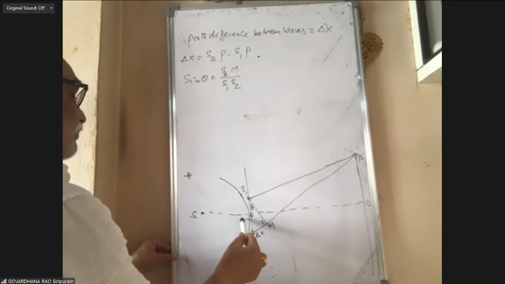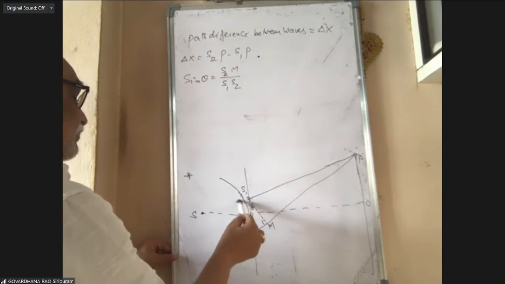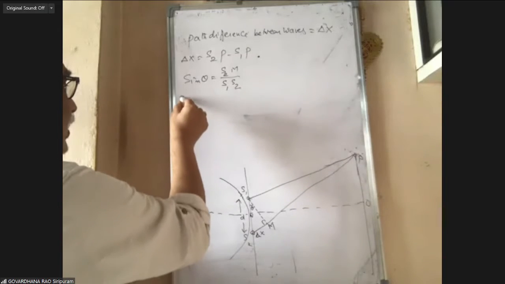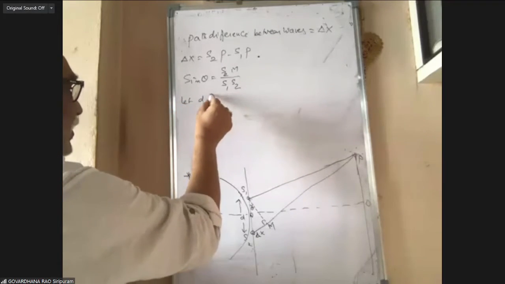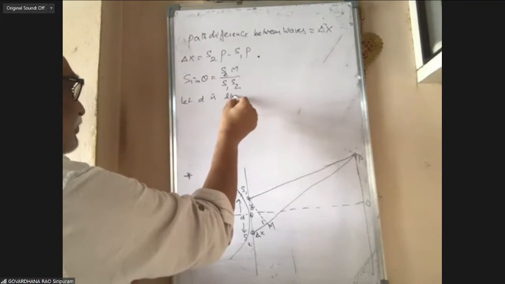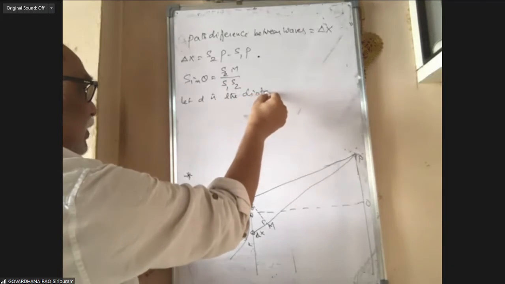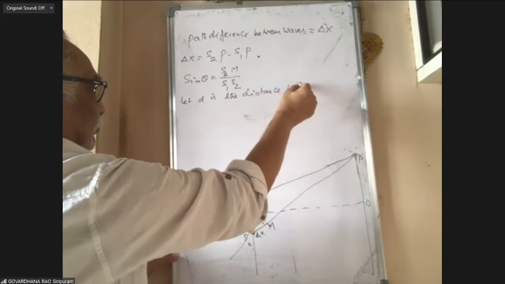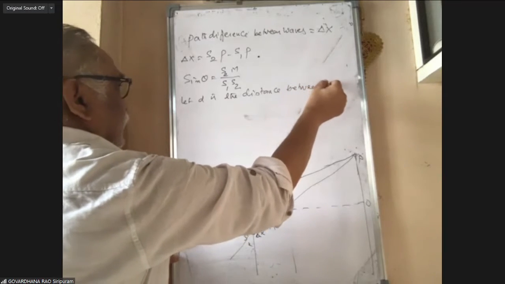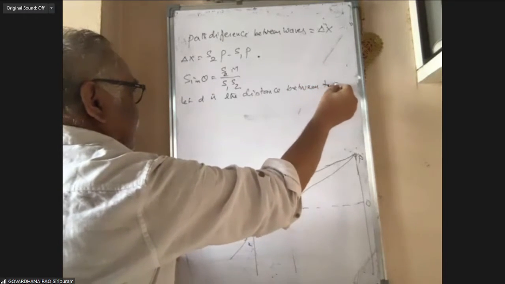So let D be the distance between the two slits.